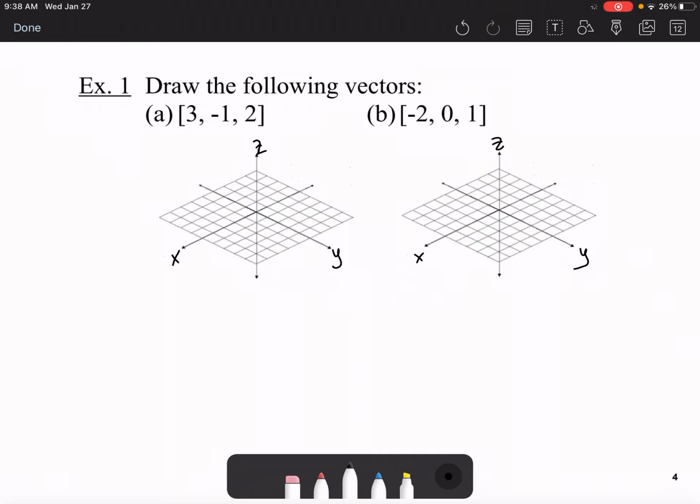If you do not label the grids, then you can't properly show me where the values are, and therefore we'll lose marks. There are some extra 3D grids found on the D2L Brightspace page that you guys can download and use if you prefer.